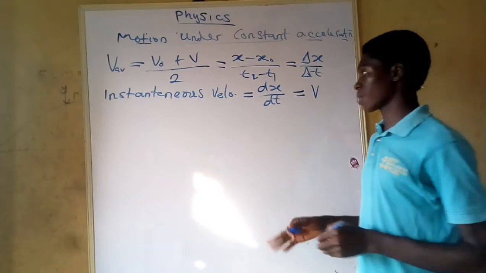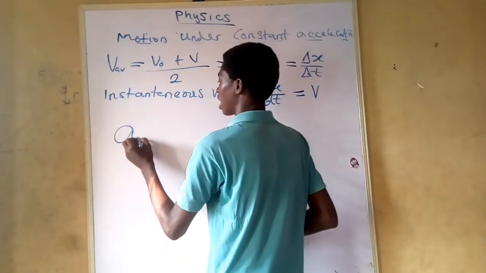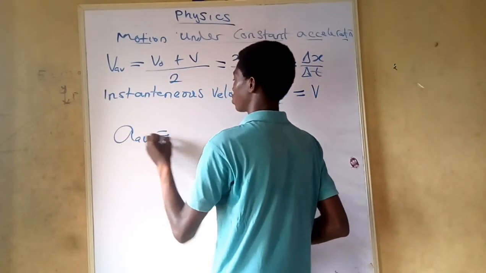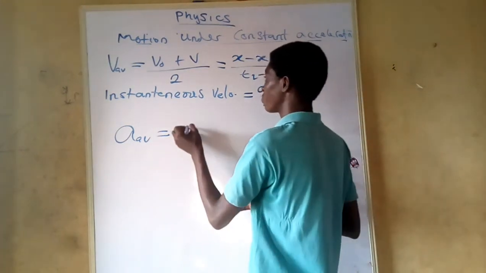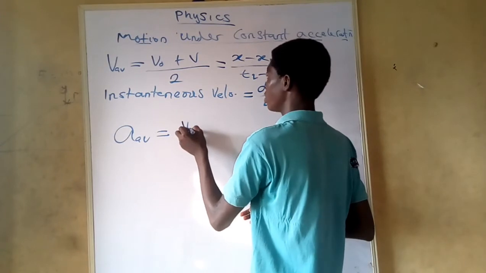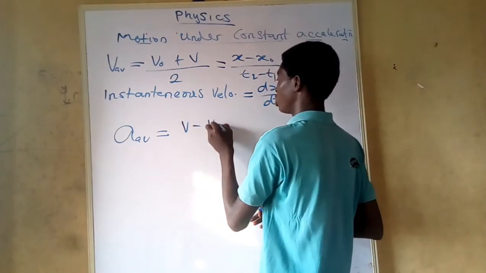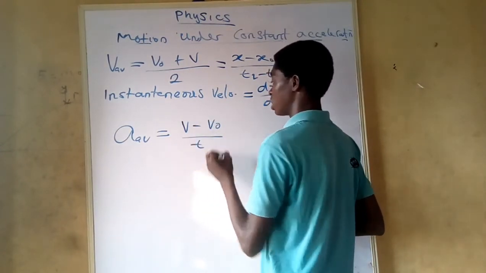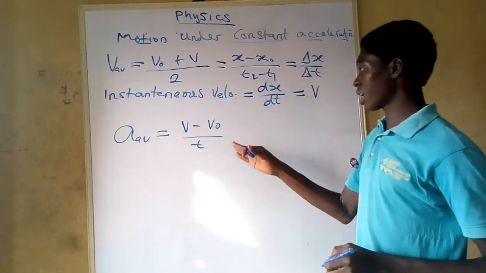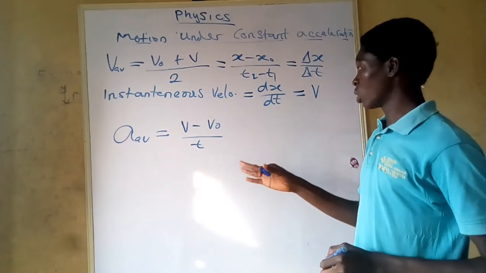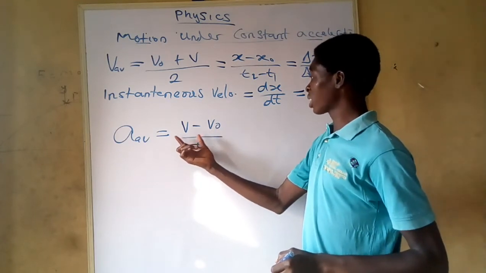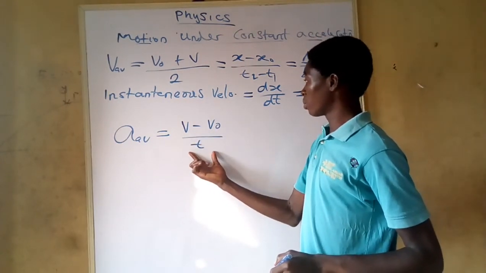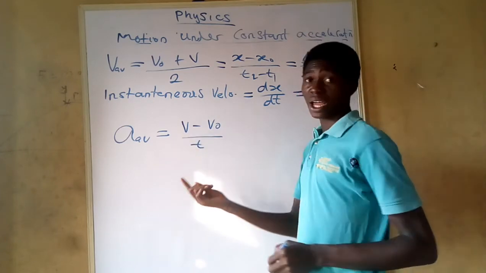So average acceleration is going to be the change in velocity, that's v minus v naught, over t. So that is average acceleration for you. And when you do this, if you make v the subject of the formula, we are going to have the first equation.